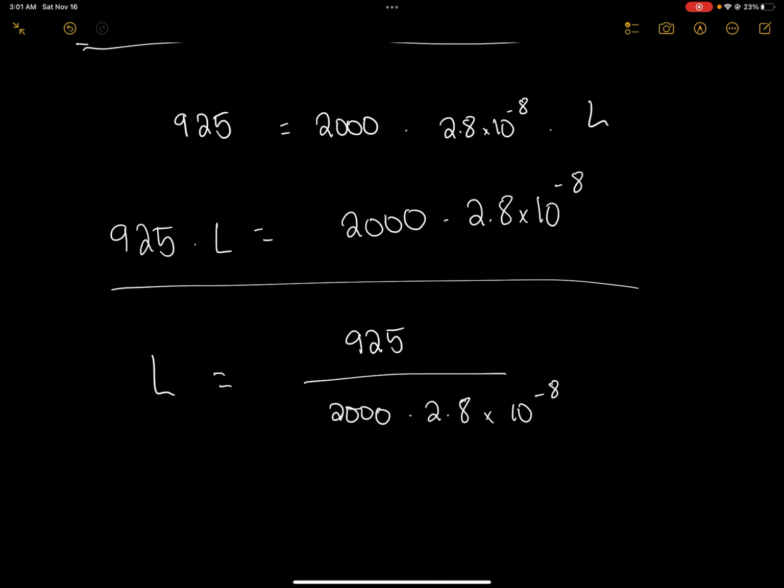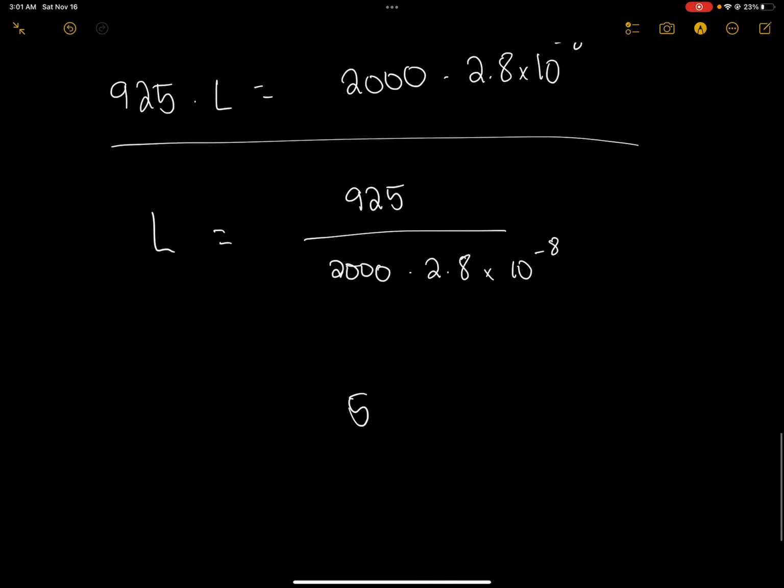If we multiply these two on the bottom, 2.8 times 10 to the power of negative 8 multiplied by 2,000, we get 5.6 times 10 to the negative 5th.